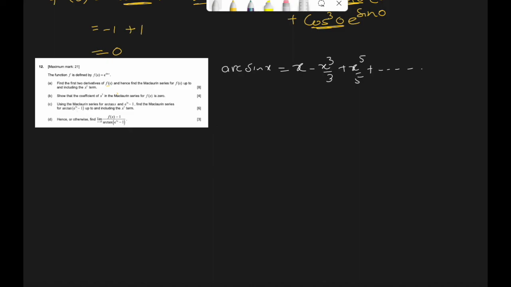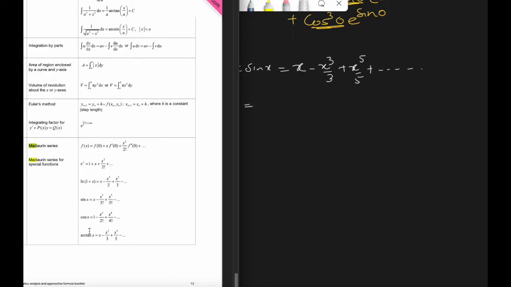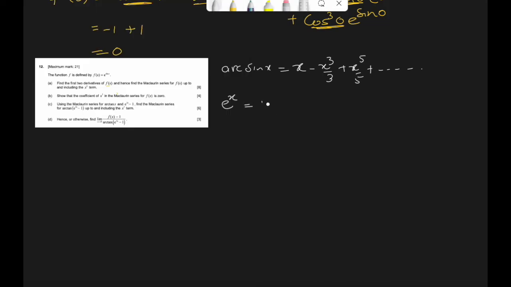All right, e to power 3x minus 1. So first of all, let's see what is for e to power x, then we'll go to e to power 3x, which is 1 plus x plus x square over 2 factorial plus x cube over 3 factorial.